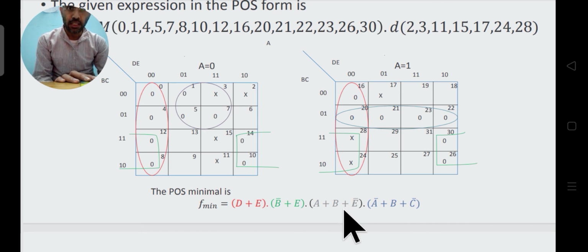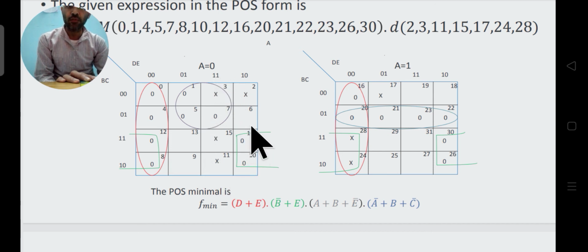Similarly, is there any possibility to form any other square, octet or quad? You can see there is one more possibility to form this quad, but we will not form it. Why? Because in this quad, this particular 0 is already used and has been formed into a group, so no new max term will be covered by this new group.